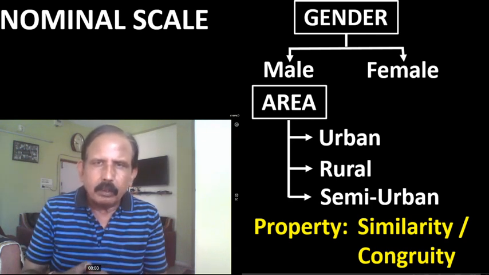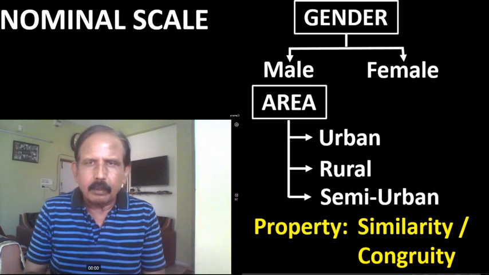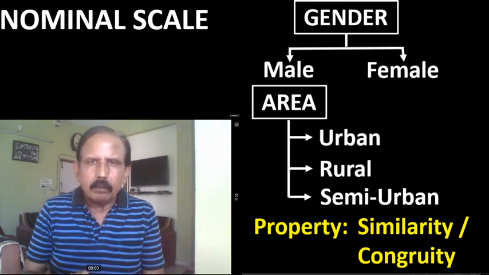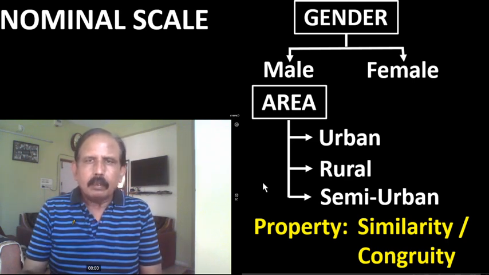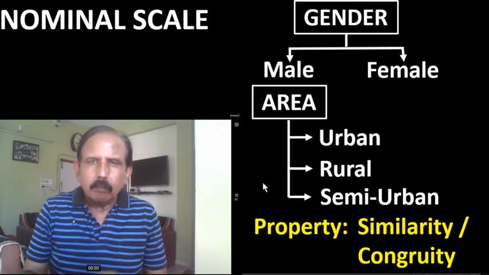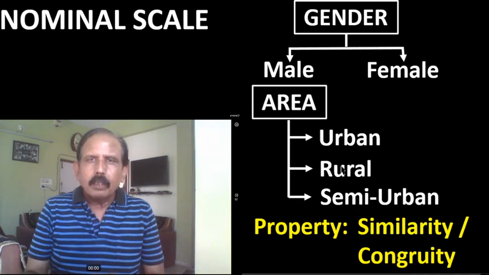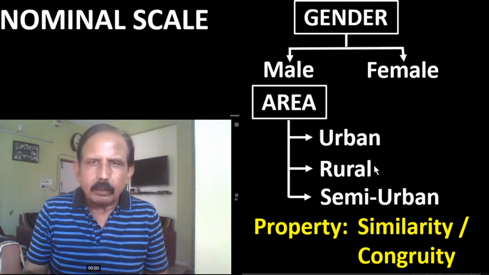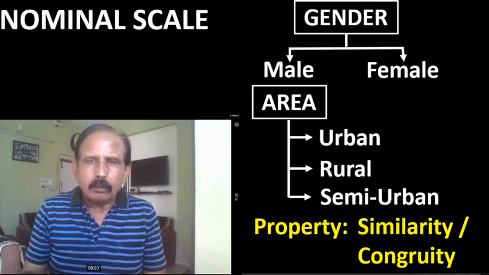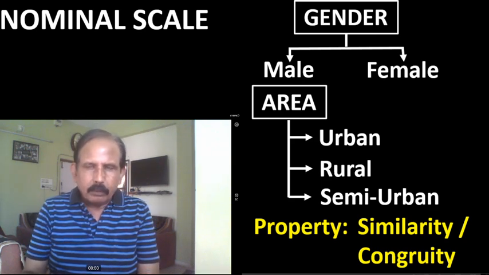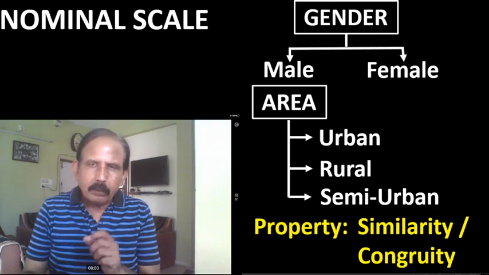In this way, the property of similarity is maintained in the nominal scale. The data are not obtained in numbers, but we can count the number of subjects in a particular category, and this count is known as frequency in research.